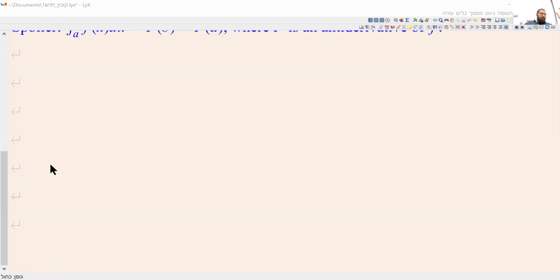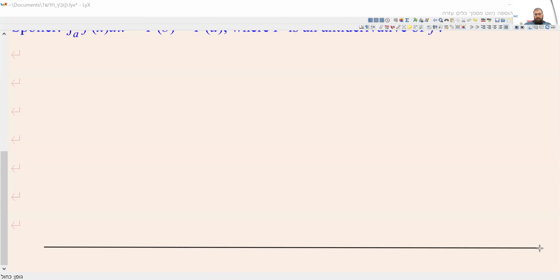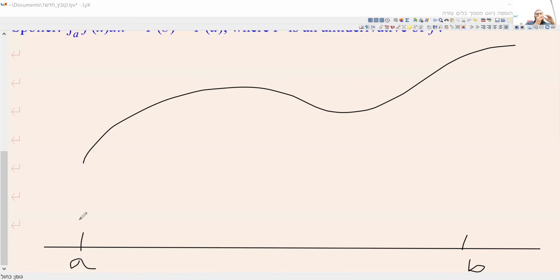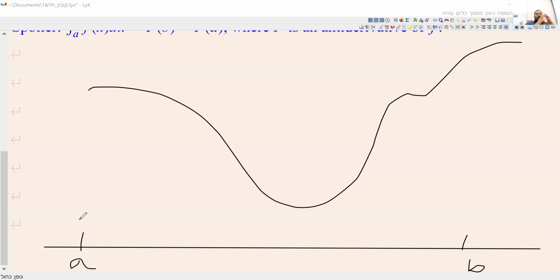I'll draw it above the x-axis, but it's not necessarily so. It could be under, it's all good. Let's put a here and b here, and I have our function. Let's make it a little bit steeper.